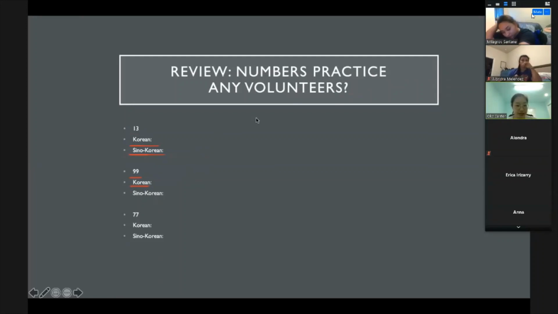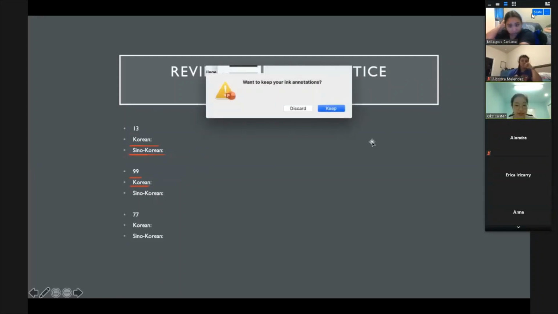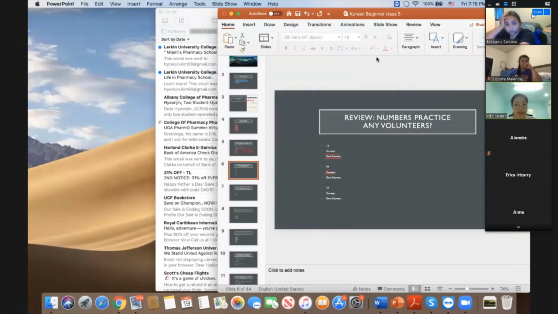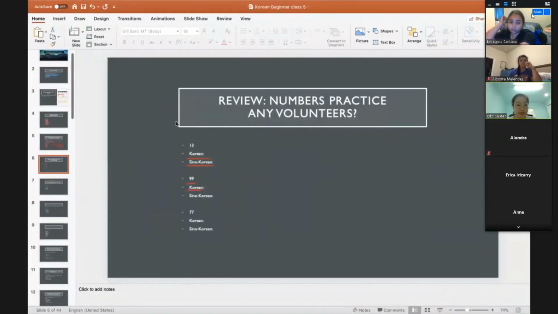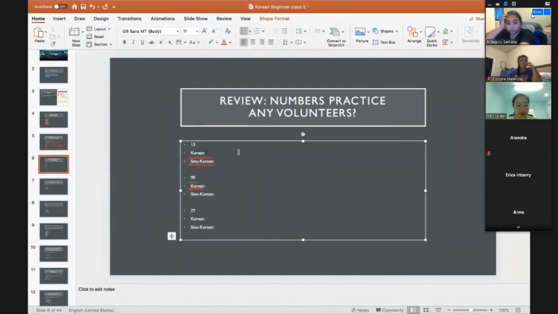Let me write it here. So here you have 90, right? So 90 is ahun. And I mentioned that if you know the single numbers and the tens numbers, you can count from 1 to 99, and also Sino-Korean as well.